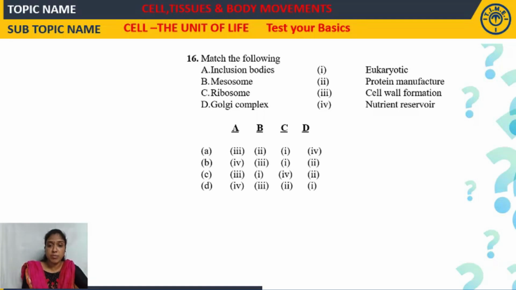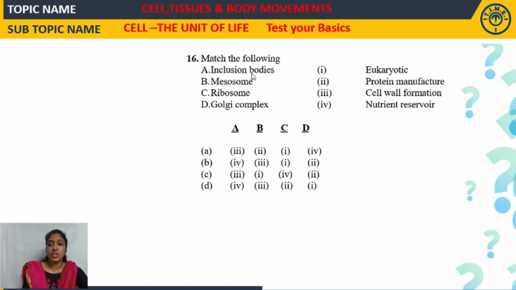Inclusion bodies, that is A, B, mesosome, C, ribosome, D, Golgi complex. It is given: eukaryotic, protein manufacturer, cell wall formation, nutrient reservoir. So we have to check which can be matched together.